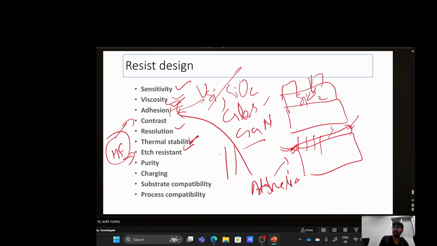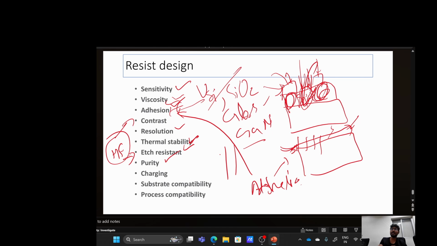This is your photoresist, so the HF will go here and also attack here, because you are just dipping it in the solution of HF. So it should be HF resistant, so this area can be protected, and SiO2 can be removed from this particular area. And sometimes it should be resistant to HCl or some other solvents.